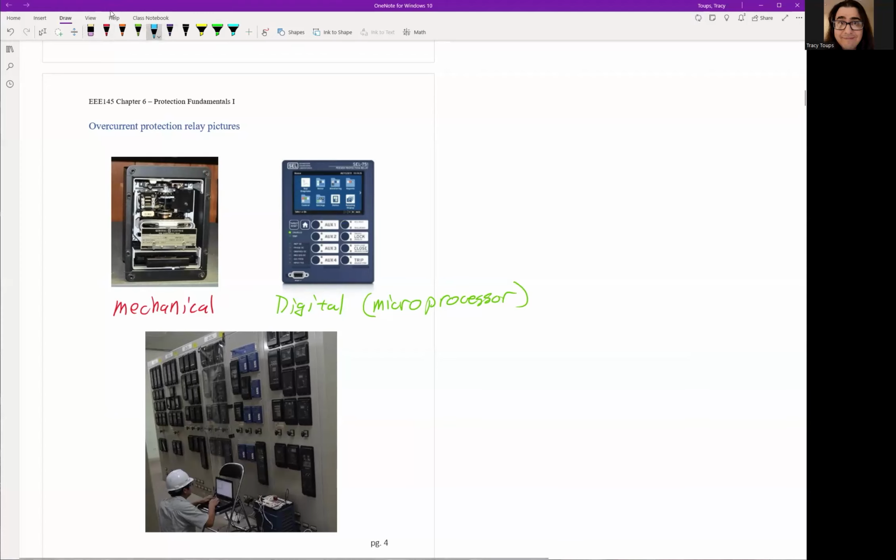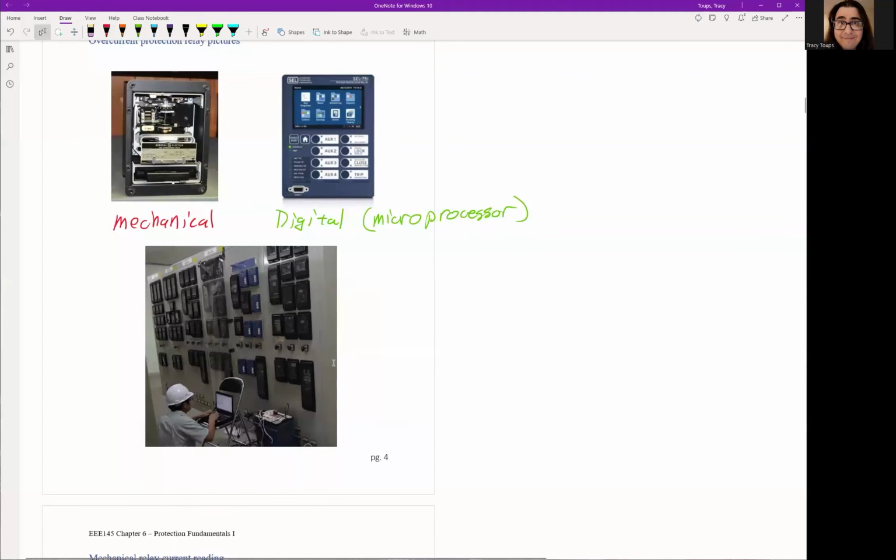So it's a more modernized, digital, computer-based version of the relay. They're both overcurrent relays, and they try their hardest for the digital relay to supersede and copy the mechanical properties so that you could directly replace them.